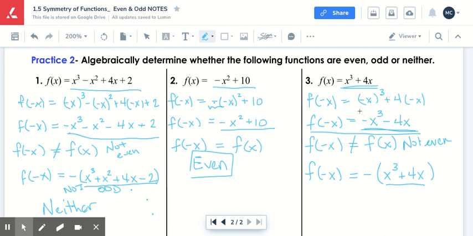And if they are exactly the same, then I could say that that means that f of negative x is equal to the opposite of f of x. And they are. So that means this one has odd symmetry, which means the graph of this function, if I put a pushpin in the origin and I spun the paper around completely upside down, it would look identical to the original picture.